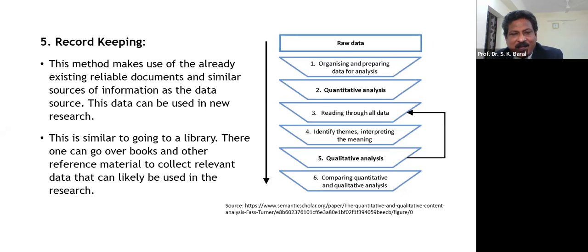This data can be used for your new research. So when there is plenty of record keeping scope in your library, in your college, in your research center, it will lead you to formulate a kind of qualitative research through record keeping methods.